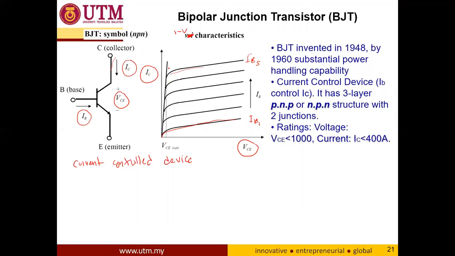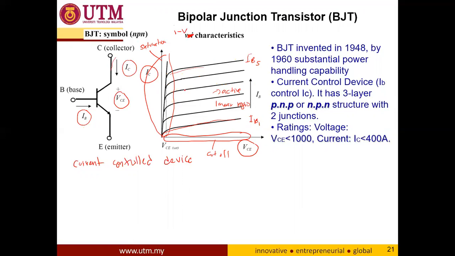And as can be shown here, this is what we call the saturation region. This is where your transistor will turn on, and this one is the cutoff region. The center here is what we call the active, or sometimes the linear region.